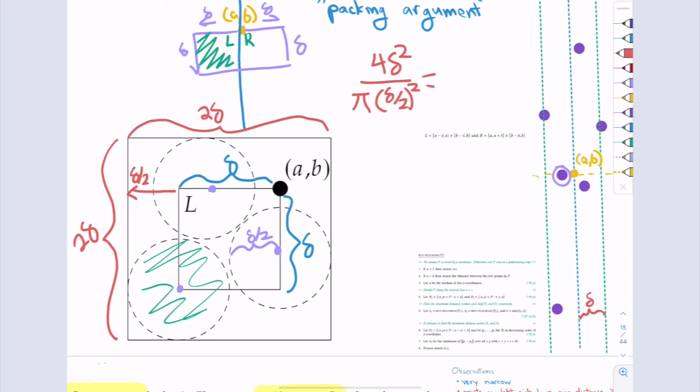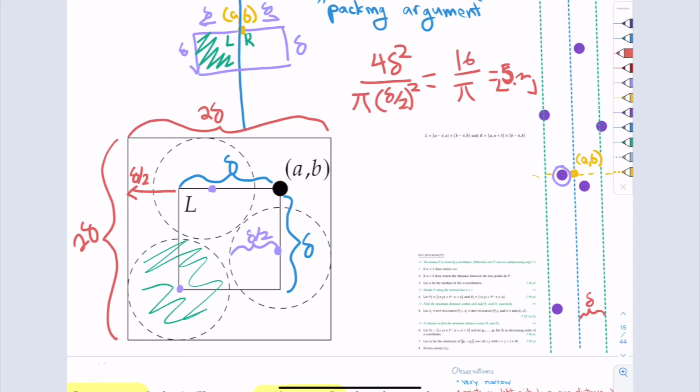So that's 16 over pi, which is 5 point something. I checked. Pi is a little more than 3. And it has to be an integer, so we can round down.